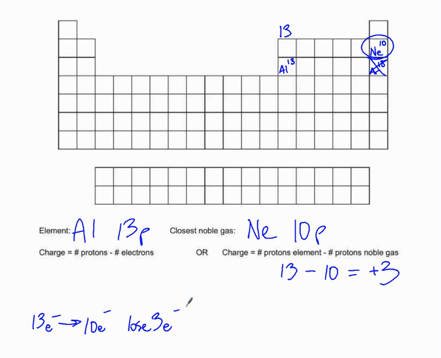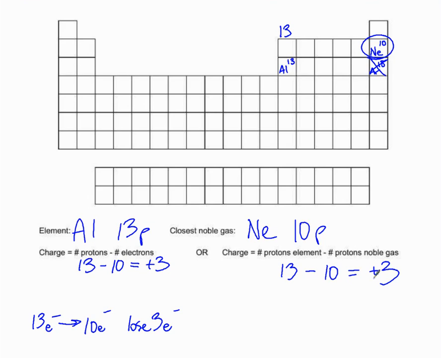It loses 3 electrons. And that's what gives us a positive 3 charge, because we lost 3 and these are negatively charged. So in terms of electrons, we have 13 protons in the aluminum, and the ion has 10 electrons. And so 13 minus 10, you have positive 3.